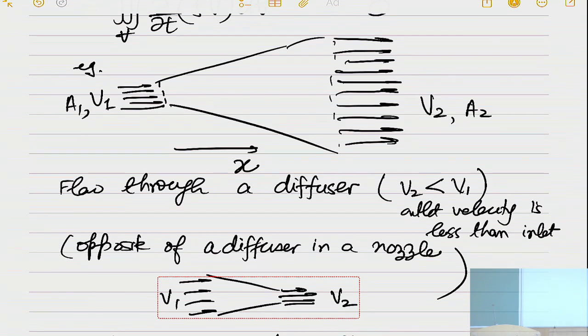The velocity only changes with x, across y it does not change.